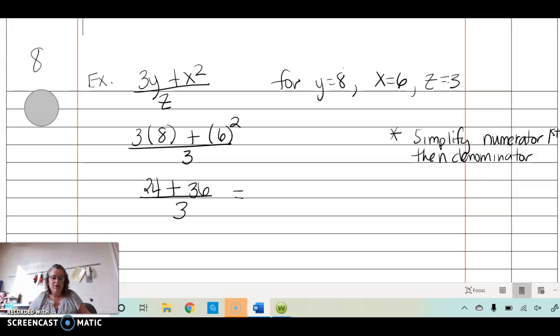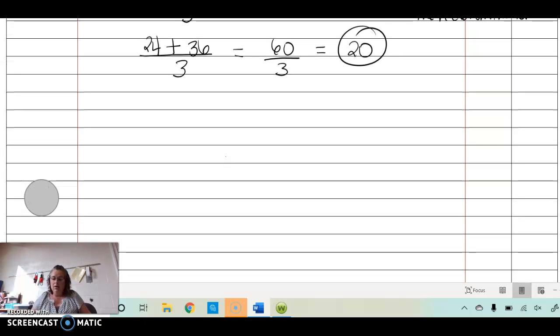Still working upstairs, so 24 plus 36 gives us 60, and then over 3. Now we can actually simplify, and there's nothing in the denominator, so we can actually just take whatever 60 over 3 is. 60 divided by 3 happens to be 20.